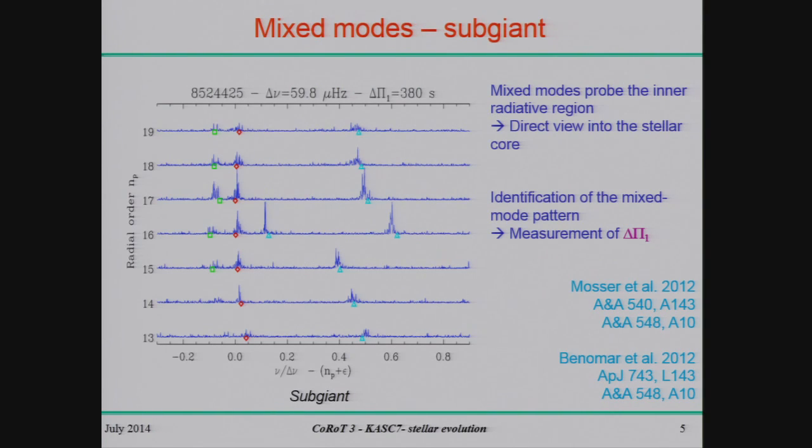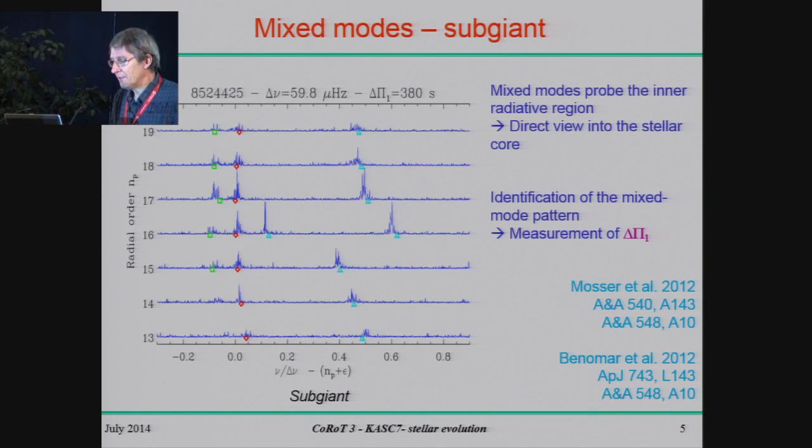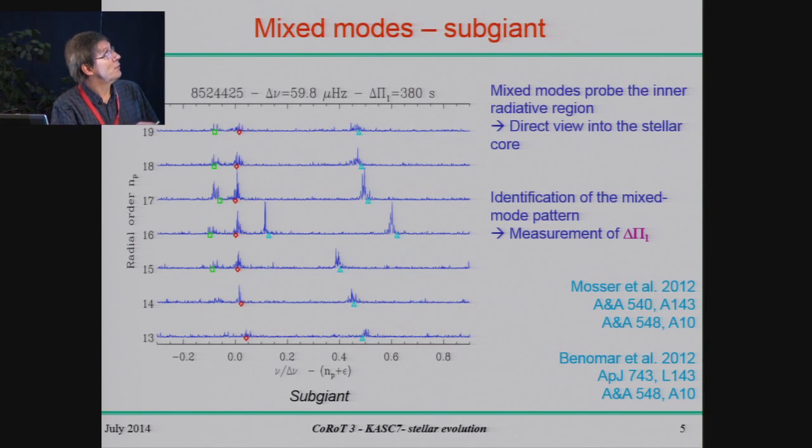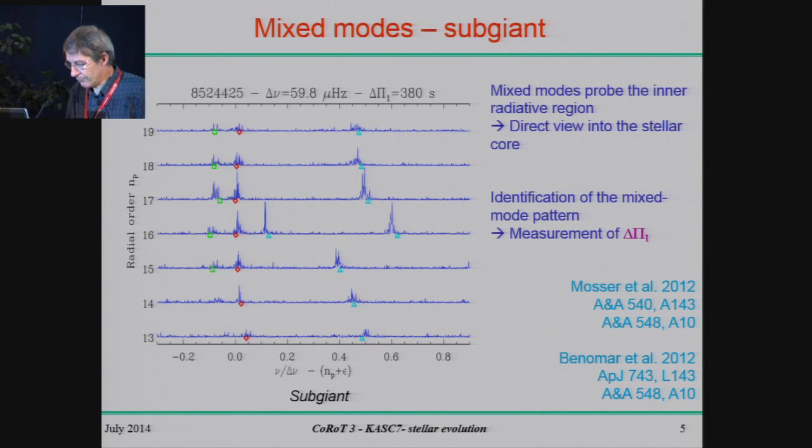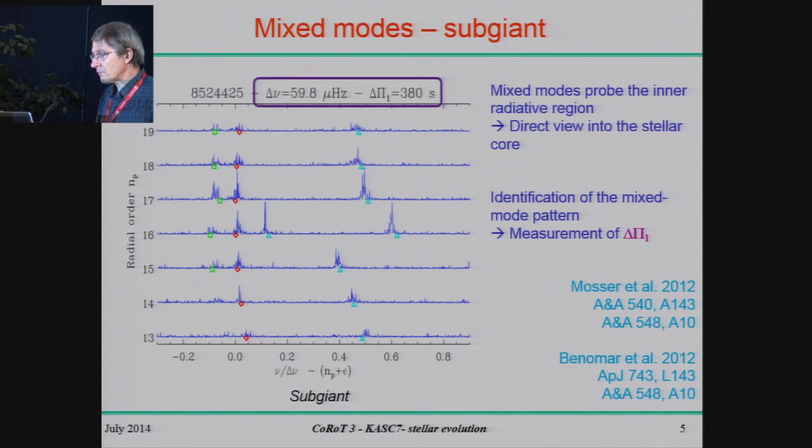It's more simple. Again, you have radial modes and quadrupole modes, nicely aligned in an echelle diagram. And in order to understand the mixed mode pattern, you need to introduce the period spacing.